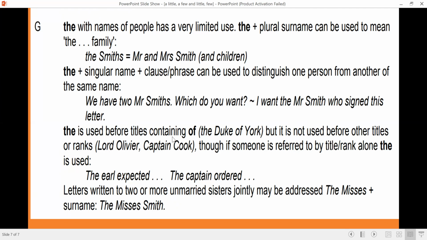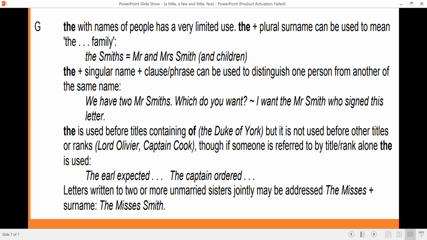The is used before titles containing of, like the Duke of York, but it is not used before other titles or ranks. So you can use it before the titles containing of, the Duke of York, etc. But you cannot always use the before titles if the titles contain some ranks like this: Lord Olivier, Captain Cook.